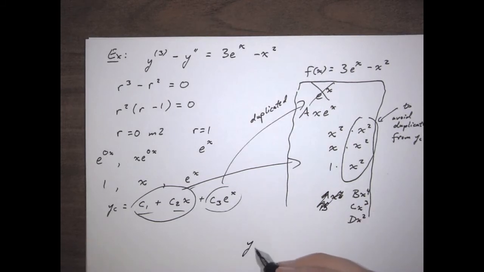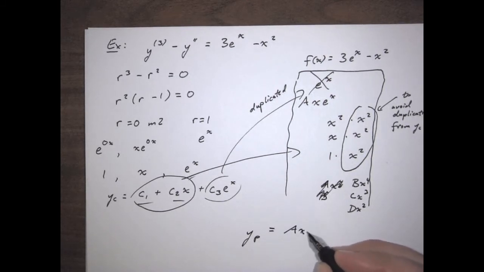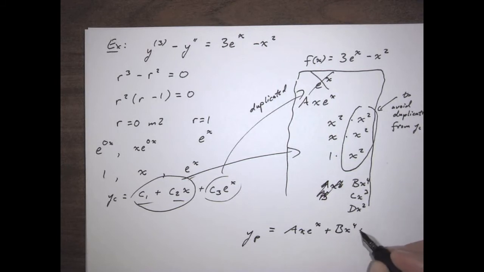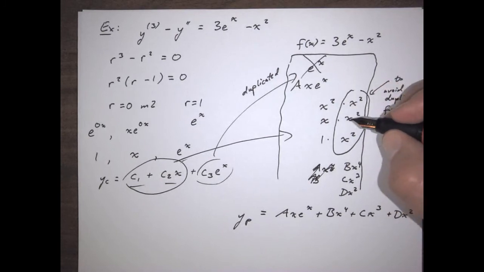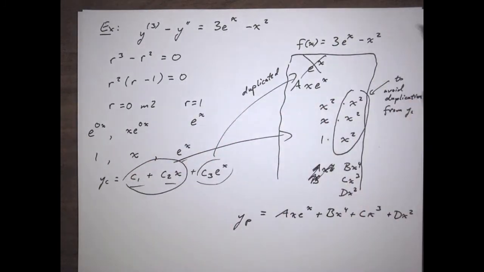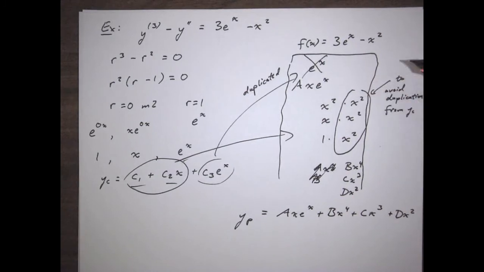So then that gives me a form of the particular solution of a x e to the x plus b x to the fourth plus c x to the third plus d x squared. And again, I would have wanted this to have just been constants, x's, and x squareds. However, constants and x's were already duplicated over here, so I had to up the ante a little bit on this one.